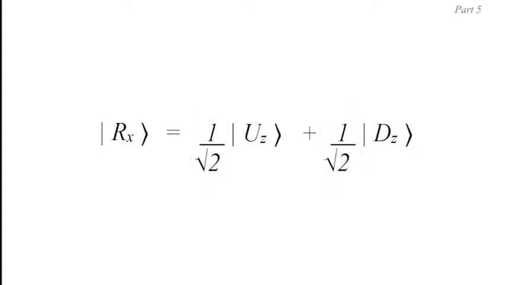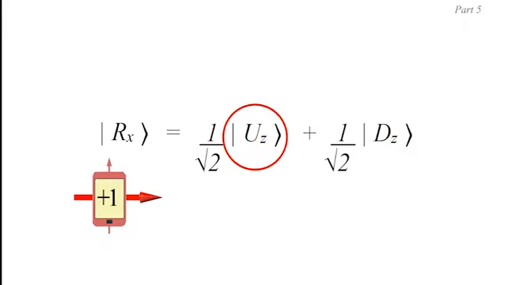As before, these coefficients of up and down states also have another significance, however. Take, for example, the coefficient here of the up state contribution to the right state, which is 1 over root 2. The square of this, which is 1/2, is the probability that if this right pointing x directed spin is measured in the z direction, it will yield an answer that the spin is up in the z direction. I'll say that again.